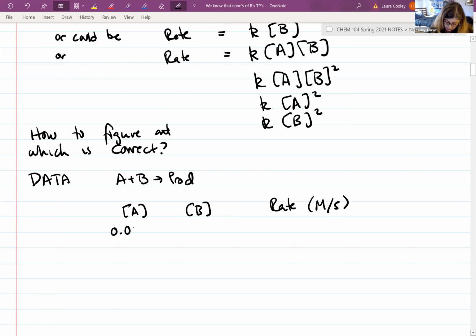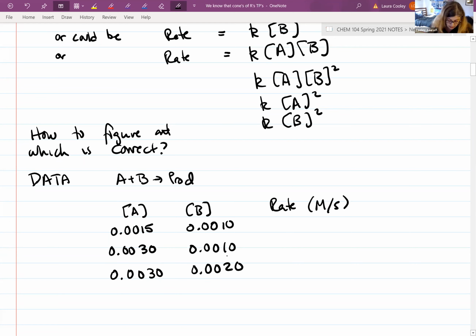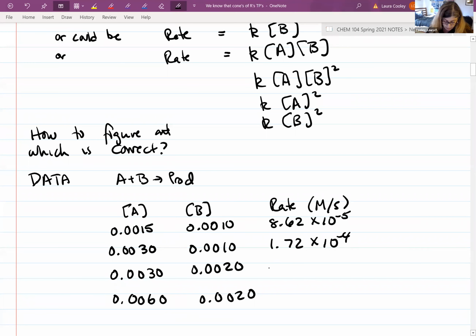So let's say you have 0.0015, 0.0010, 0.0030, 0.0010, 0.0030, 0.0020, 0.0060, 0.0020, right? And the rate's 8.62. I'm giving you some with exponents, which I don't think I did last time, or maybe I did, but that's what you're gonna have in the lab. So I want you not to be confused by the exponents.